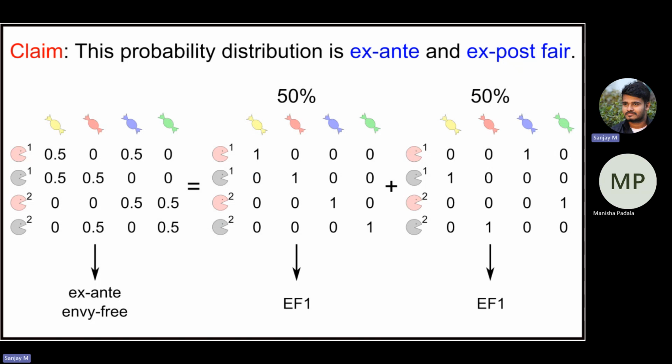So you encode ex-ante envy-freeness in the usual way. The expected value, right? We have a variable for each edge. We just write x_ij for this. You write the expected value for any bundle.